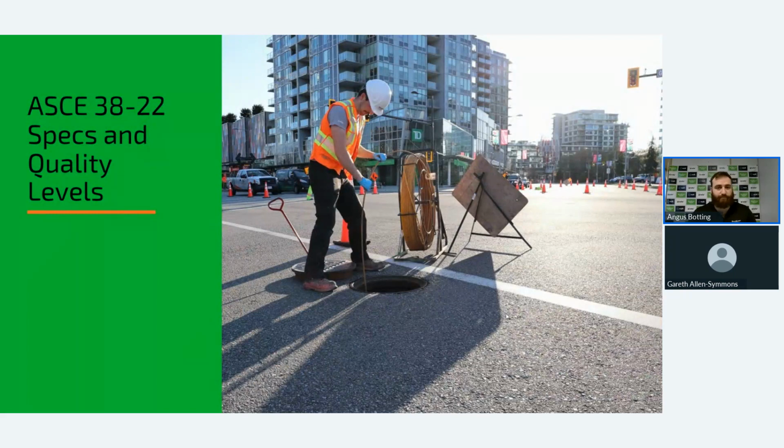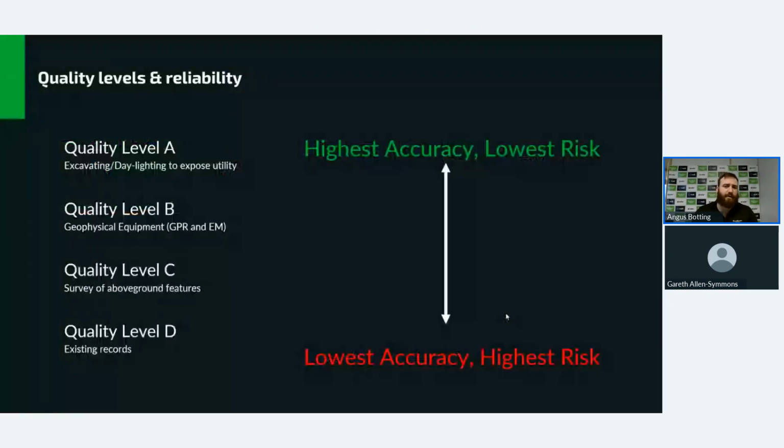So the specs themselves. You've heard me mention different quality levels. What do they actually mean? Quality level A is daylighting, or traditionally where you've been bringing the hydrovac out, you're exposing the line, you're finding the pipe. Quality level B is using geophysical methods. So GPR is often in the news, EM is the more traditional locating method, along with any other geophysical tools that the SUE firm feels necessary for the area they're working in to bring up the utility information.